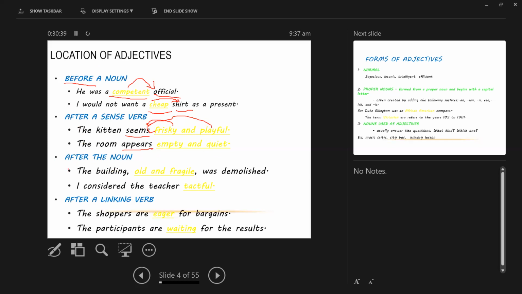Now, another location of an adjective is after the noun. However, this location is the most non-recommendable one. Why? Basahin natin yung example, guys. The building, old and fragile, was demolished.